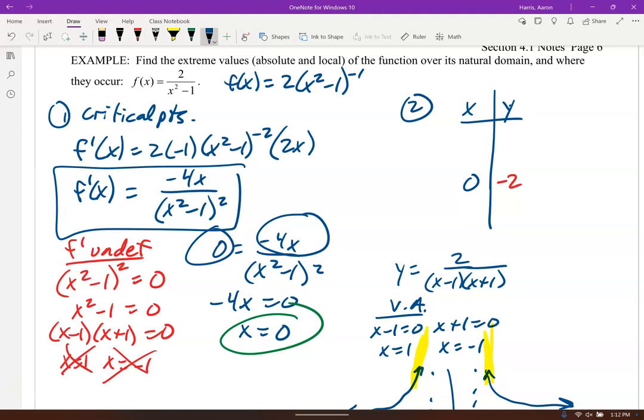I can't throw in negative 1 or 1. They're not even defined there. So I want to see what's going on around it. If I didn't have the picture, I would plug in points around 0 and see if it's a highest or lowest point. I'd throw in maybe negative 0.5.